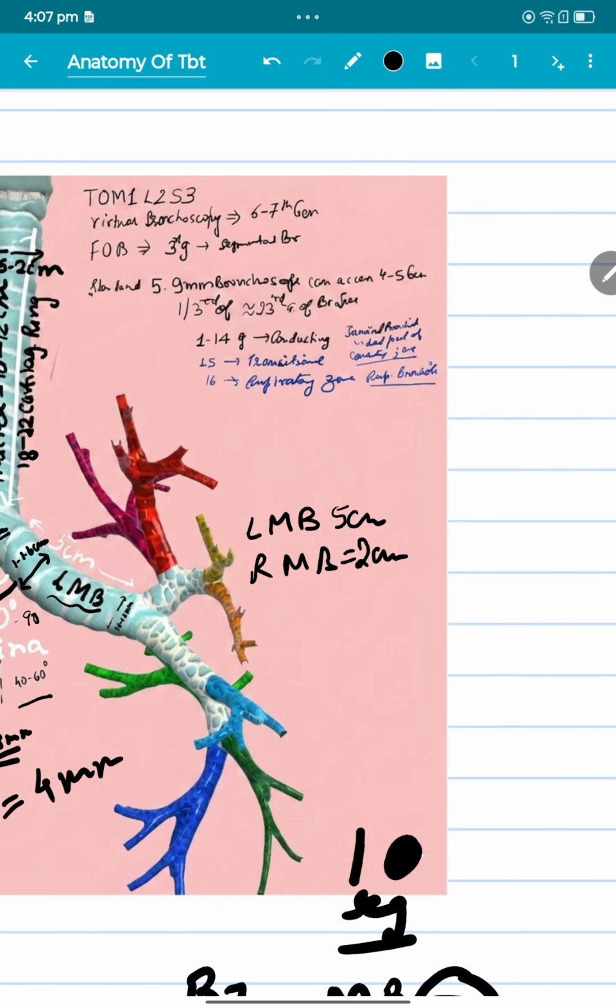Generations 1 to 14 are the conducting zone, and the 15th generation is the transitional zone. In the conducting zone air is present, but it does not take part in respiration. From 16 to 23 generations, you have the respiratory bronchioles, which take part in respiration.